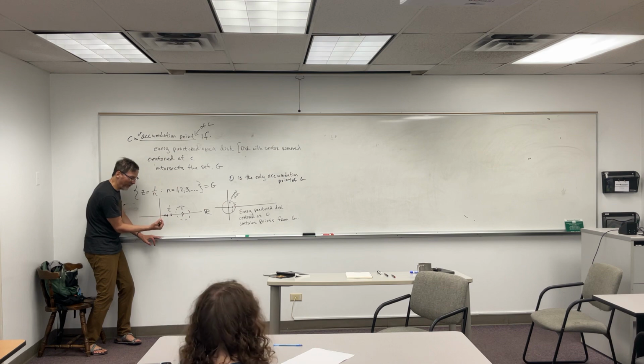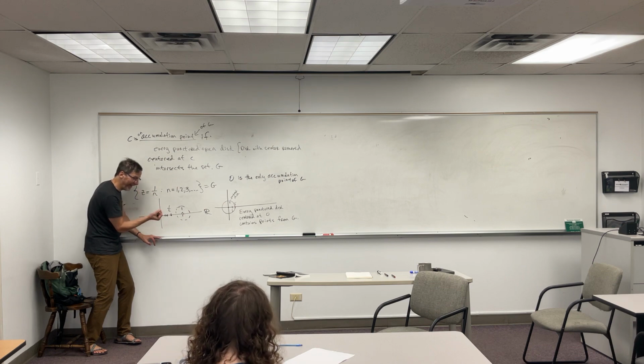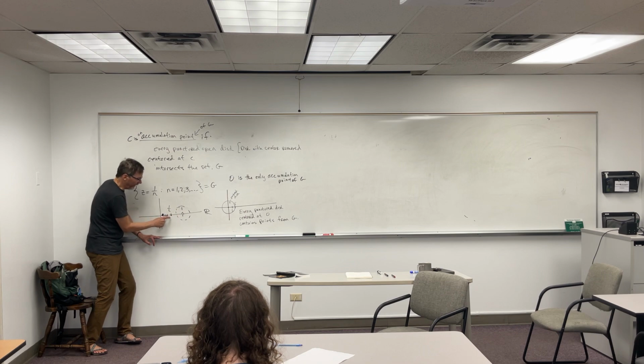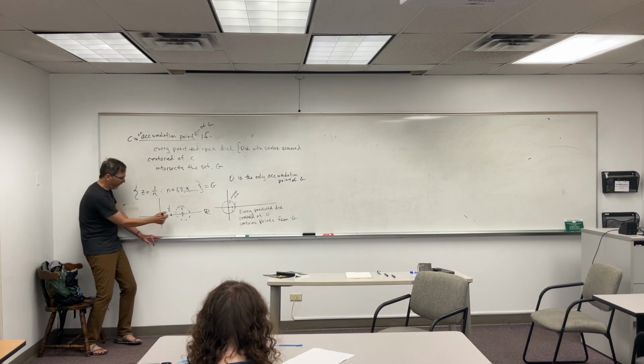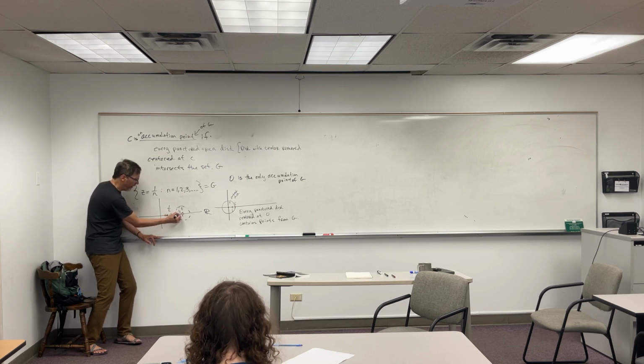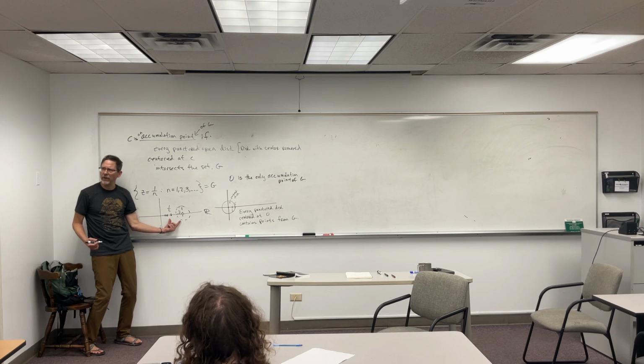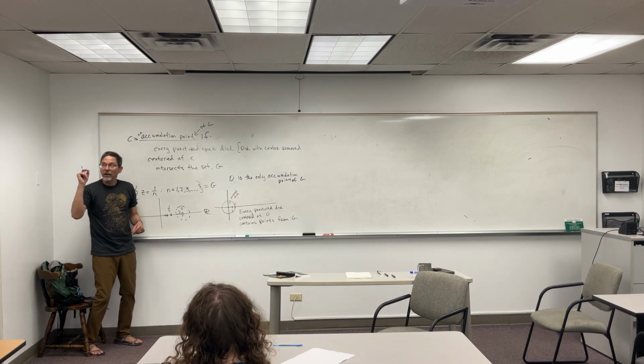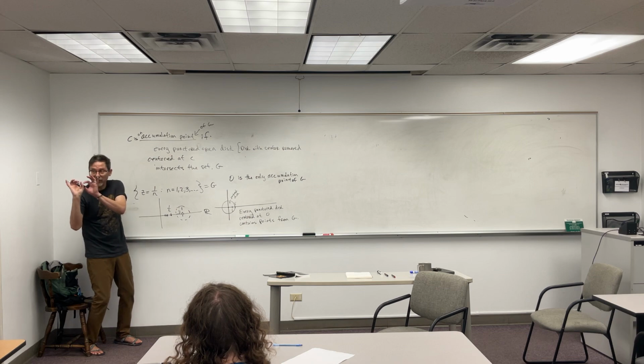You can't take the point that's accumulating things to be the point in the set. So can I find a disk around 1 that doesn't intersect any of this stuff? And Noah said, yeah, just go out a third, because this whole distance here is a half. If I can find one disk around that point that doesn't touch the set, it is not an accumulation point.